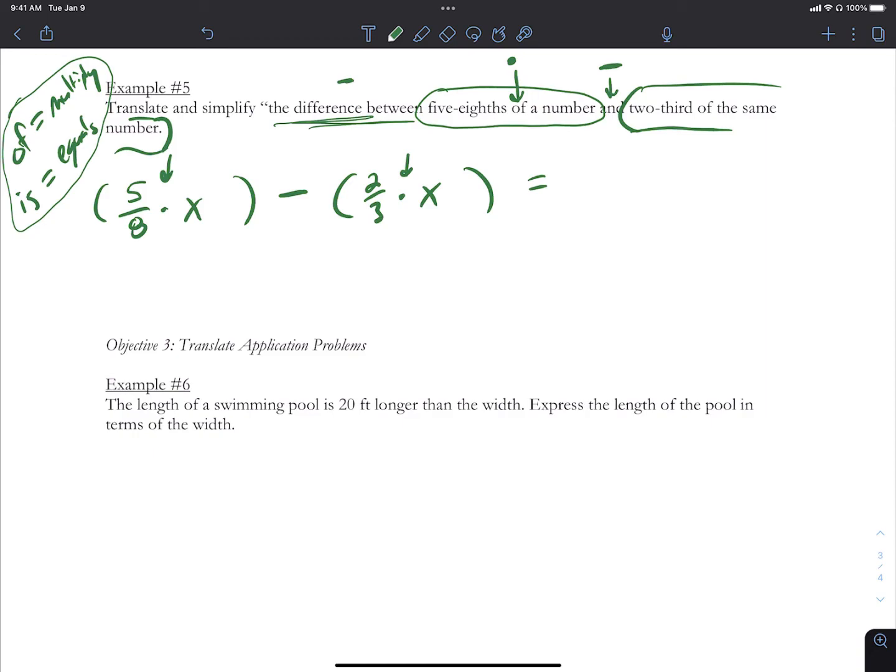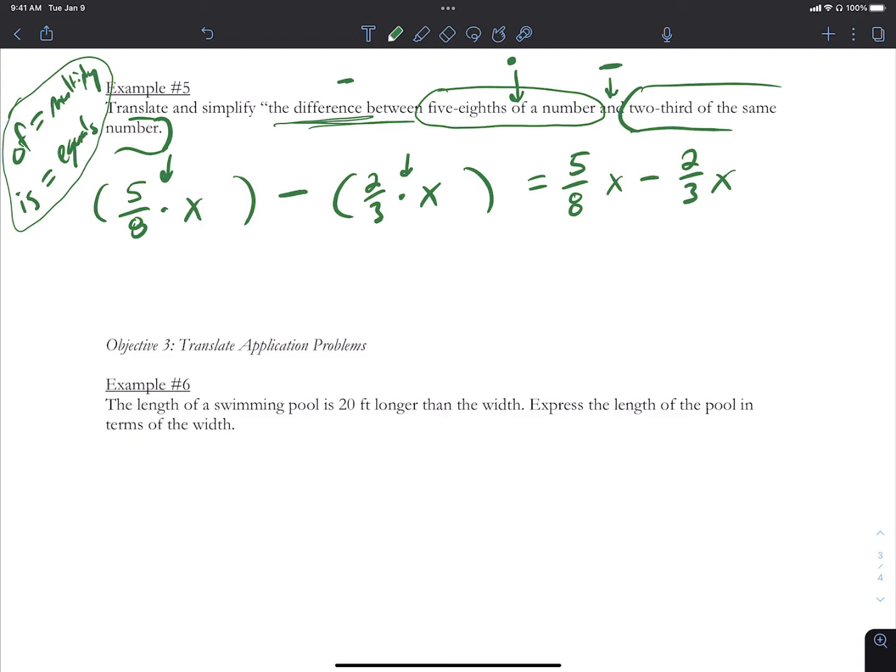So I could clean this up and write this as 5/8 x minus 2/3 x. So we're subtracting fractions.